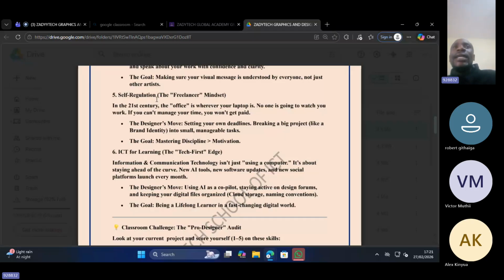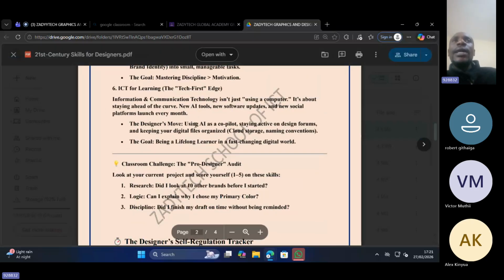For example, when we are creating a portfolio for graphic and design, the portfolios are stored on the cloud. Remember that inside those portfolios we have files, so make sure your portfolios are well organized. That's how you use ICT to survive in this 21st century economy.